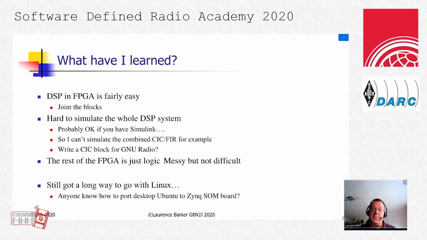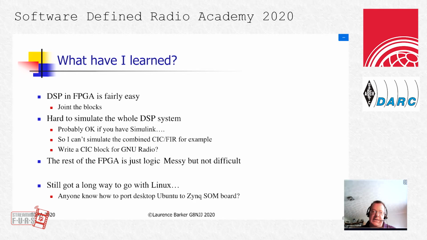It's quite hard to simulate in other tools the combined CIC and FIR filter. If you've got MATLAB, I expect it's quite easy. For non-professional users, that's not available. I have wondered if I should write a CIC block for GNU Radio so that I can simulate in a PC type design environment that combined process to see the overall filter shape.